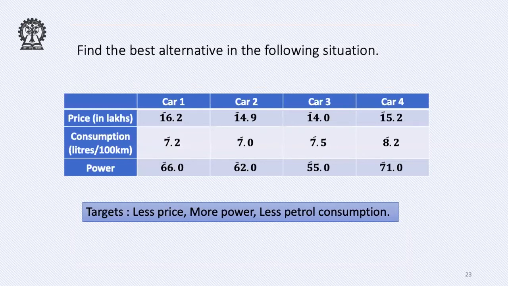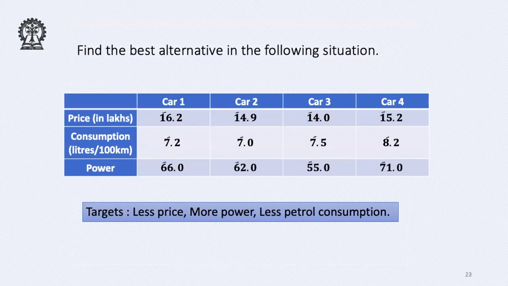You see, we are trying to find our option for a certain car model, but there the price, fuel consumption and the power differ. The target is less price, more power, and less petrol consumption. That is, we want better mileage altogether.